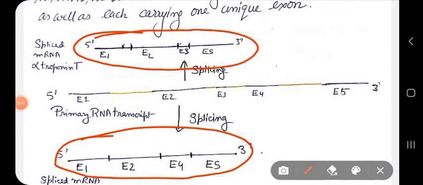But each of these mature mRNAs has four exons, not five exons. So one exon has been missing. Better to say not missing, one exon has been forced to skip out.